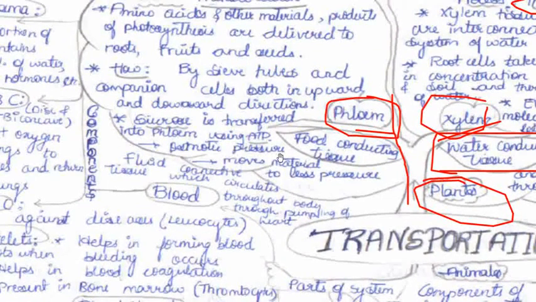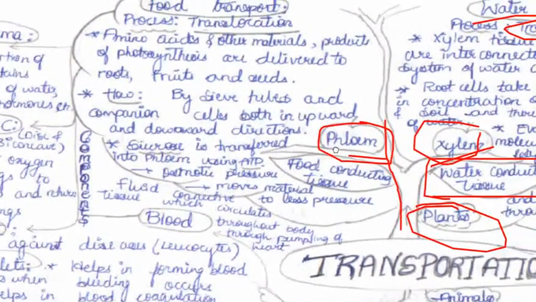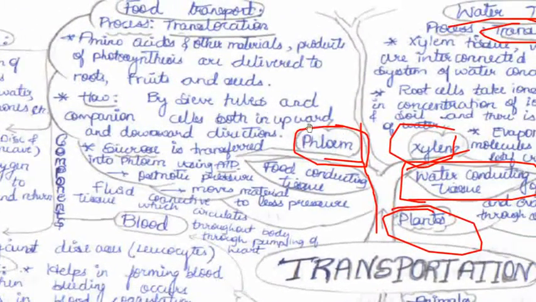Due to this osmotic pressure, on one side there will be high pressure and on one side less pressure, that means high water content and low water content. So the food materials move from high water content to low water content. Similarly, the food is passed into every part of cells through phloem tissue, and it is a bidirectional tissue.